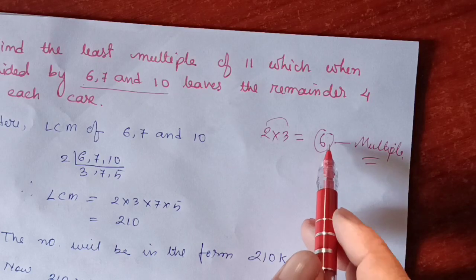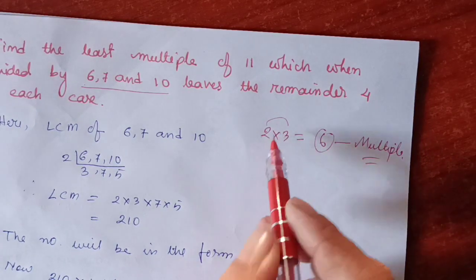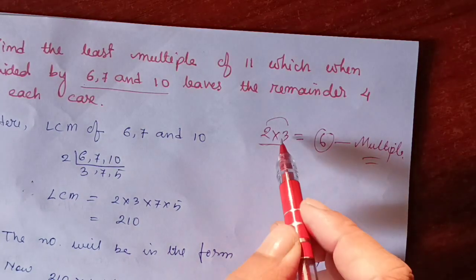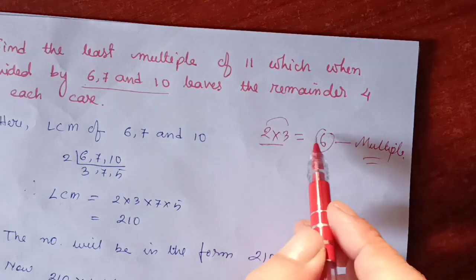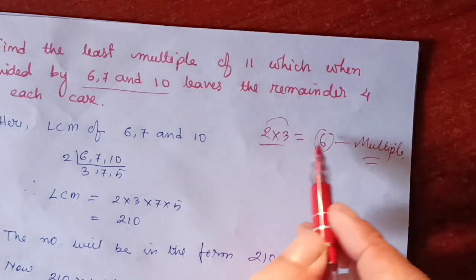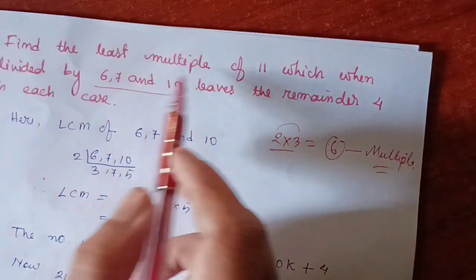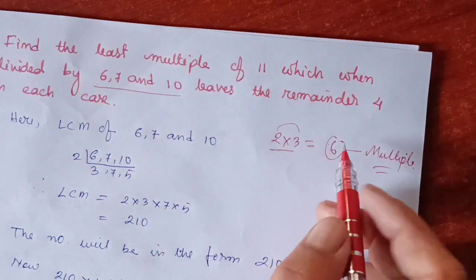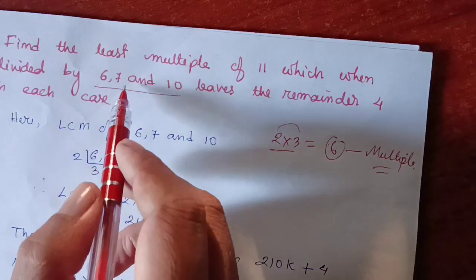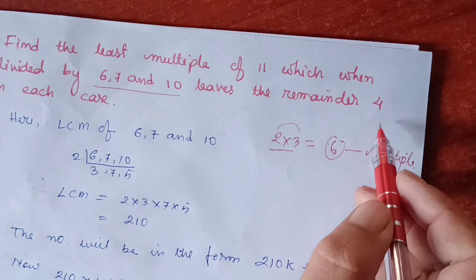So 6 is the multiple of 2 and 3. And what about these? We call them factors. So 2 and 3 are the factors of 6, and 6 is the multiple of 2 and 3. Don't confuse this. So we are going to find the multiple of 11. When we divide this multiple of 11 by 6, 7 and 10, we should get the remainder as 4.